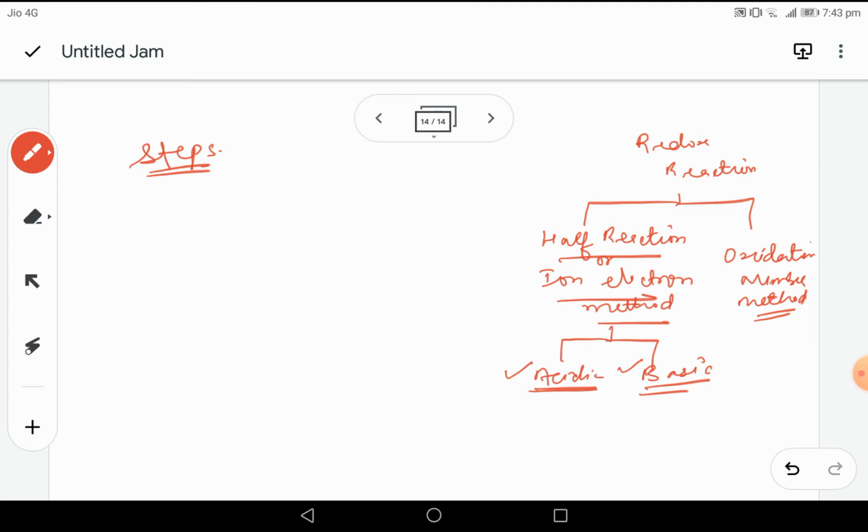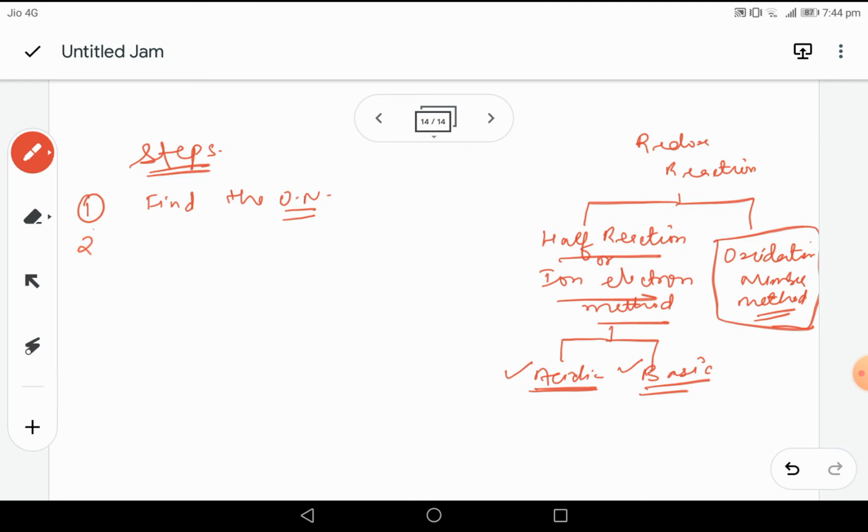So in this oxidation number method, again we have a few steps. Let us first of all write down the steps involved in it. The first is to find out the oxidation number of every atom that is given to us in the equation.